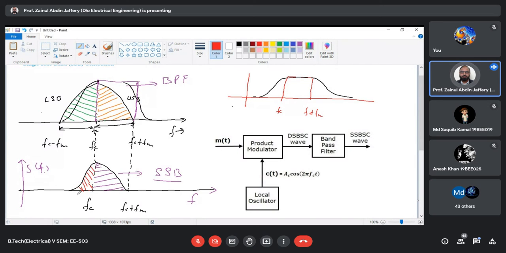Let us say this is delta F. Practically, getting this type of band pass filter is impossible or very costly, so this method cannot produce the exact SSB signal.